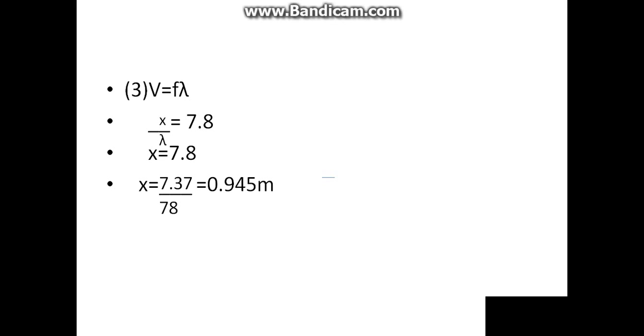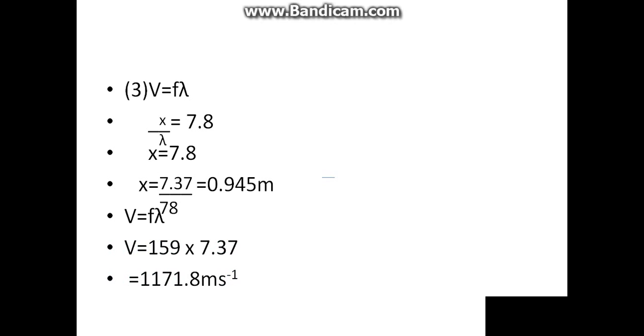What we are saying here is that V equals f lambda. We know that our frequency is 159 and our wavelength is 7.37. That is the wave velocity, which equals 1171.8 meters per second.